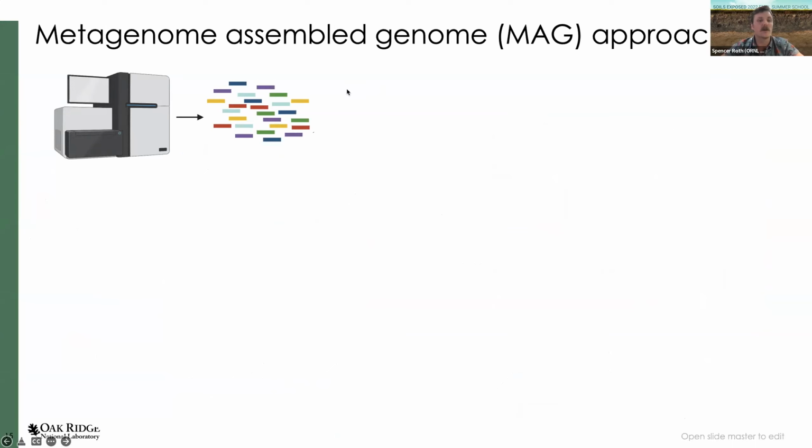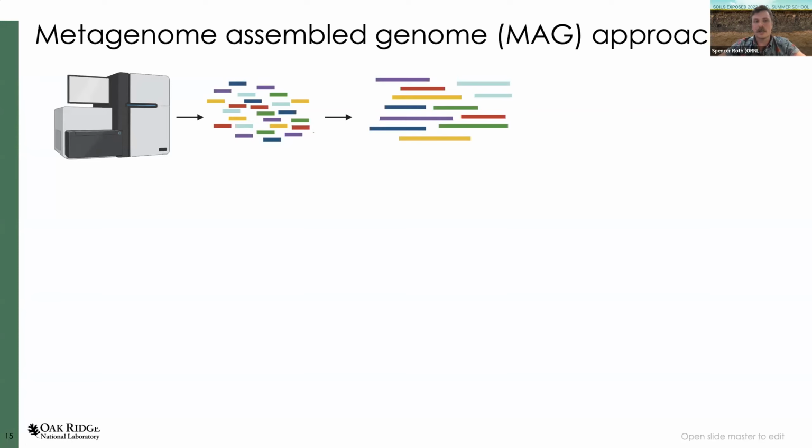If you're not familiar with shotgun metagenomics or MAG-based pipelines, I put together just a very basic slide to describe it. So we, working with the JGI, generate a data set of the short sequence reads from our different depths and different sites at the SPRUCE experiment.